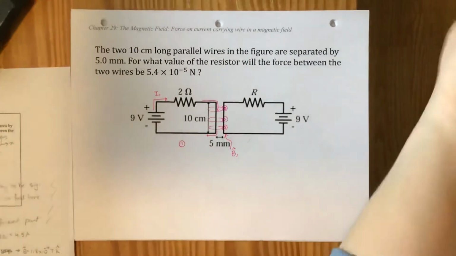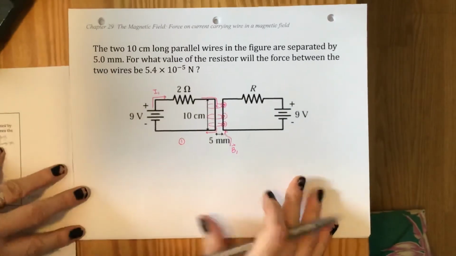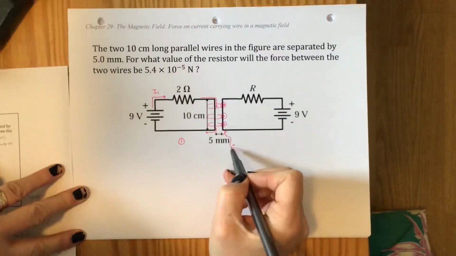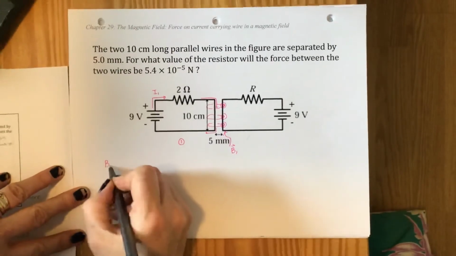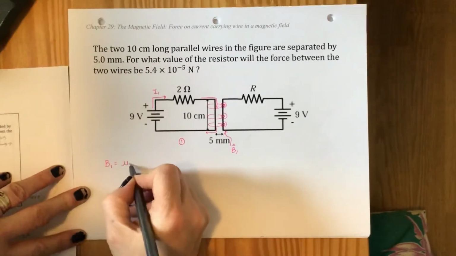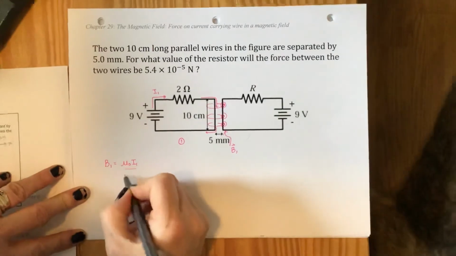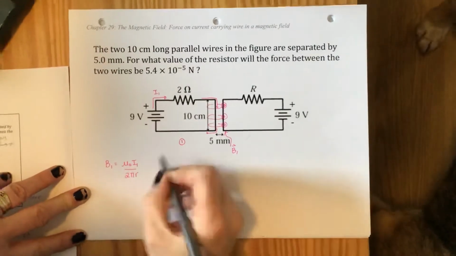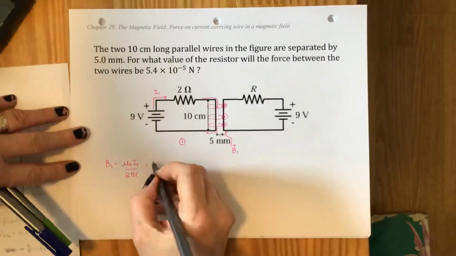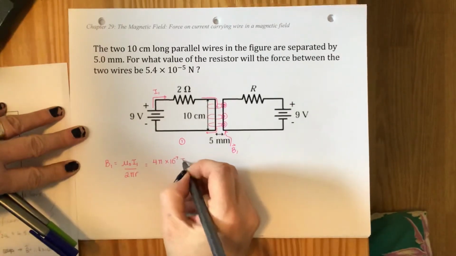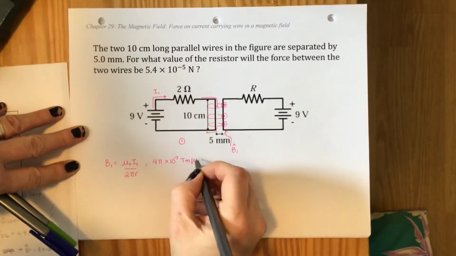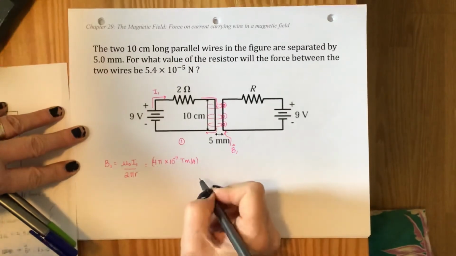So, can we find B1? Let's see if we can calculate B1. So B1 is the magnetic field made by this length of the wire. B1 has a magnitude of mu naught times I1 over 2 pi r. Mu naught is 4 pi times 10 to the minus 7 Teslas meters over amps, multiplied by current I1.